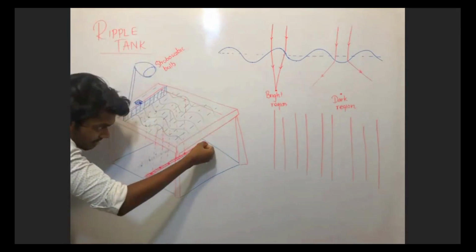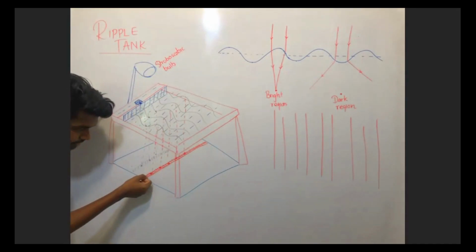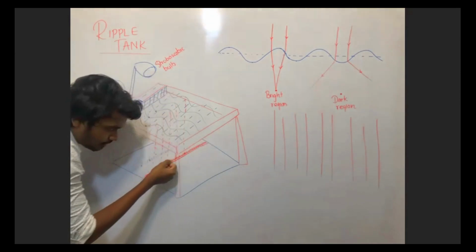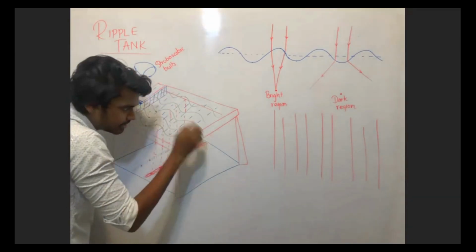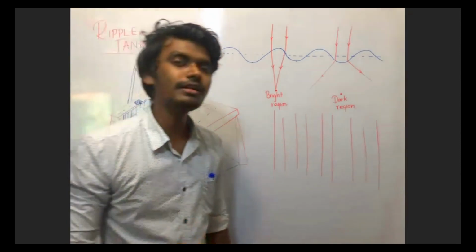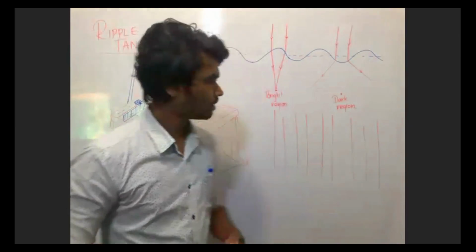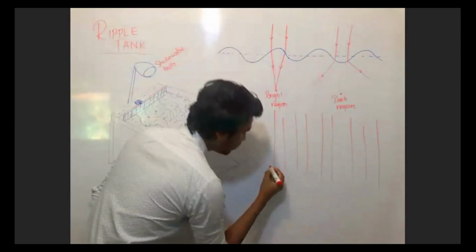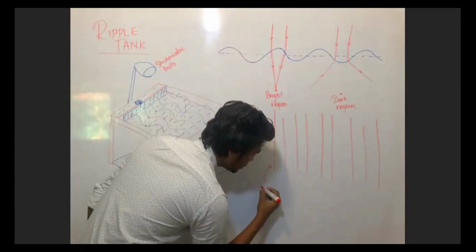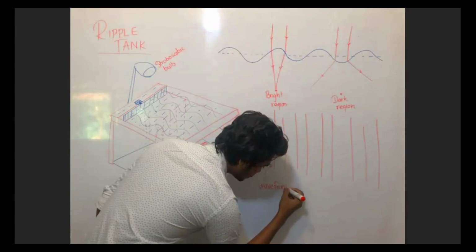When all these points are connected, the line that we obtain is called a wave front. This kind of line is called a wave front.